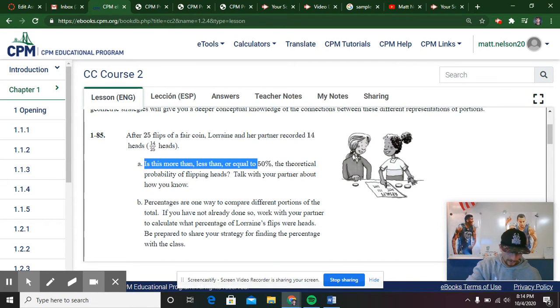Well, I can figure this out by saying how many times does 25 go into 100? You can think about how many quarters go into a dollar. That might help you out. So it goes in there 4 times. So I'm going to multiply 25 by 4 to get to 100. Then I'm going to multiply 14 by 4, excuse me. So 14 times 4, that's 10 times 4, that's 40.